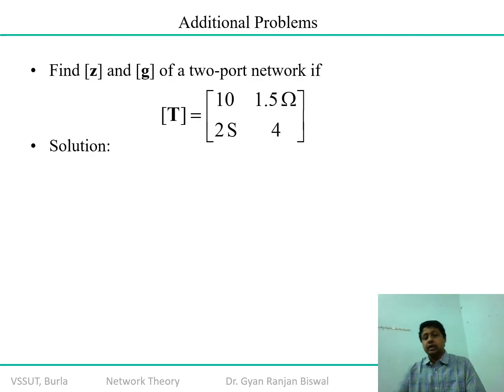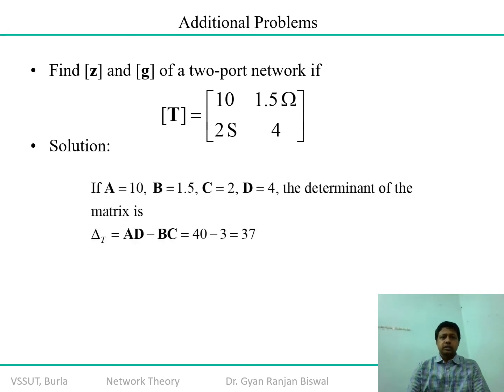Remember in the last slide, here it is mentioned T dash, which is different from T, but not in our case. So here one more problem is given, or you can say some additional problems. It is used to calculate, say, the T parameter is given and you are asked to find the Z and G parameters.